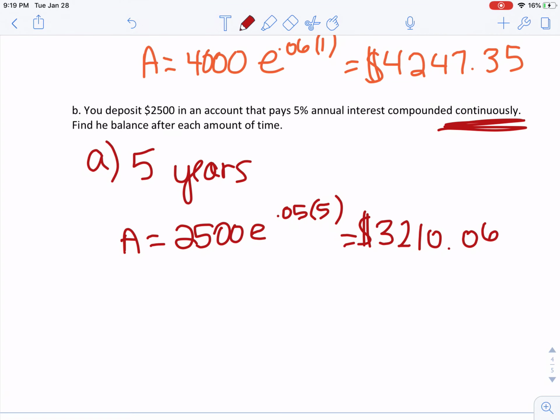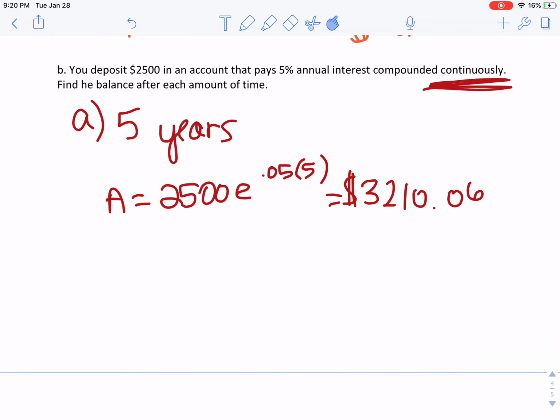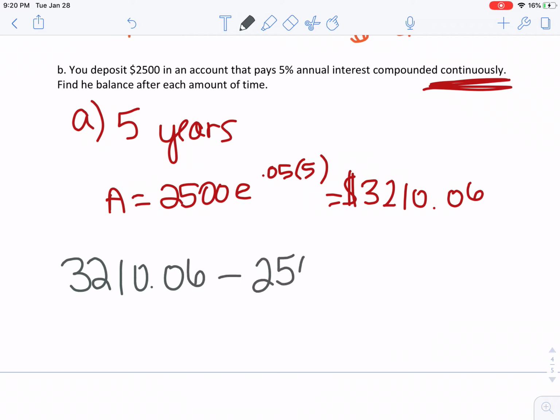Now, one thing I do want to point out is that for both compounded continuously and compounded over an interval, monthly, daily, whatever, the A value is how much you have in your account after that time. It is not how much money you're making. So if I give you a problem, like I will probably do on a quiz, hint, hint, that says how much you make, then you have to take how much you got at the end and subtract how much you started with, because that's going to tell you how much you made.